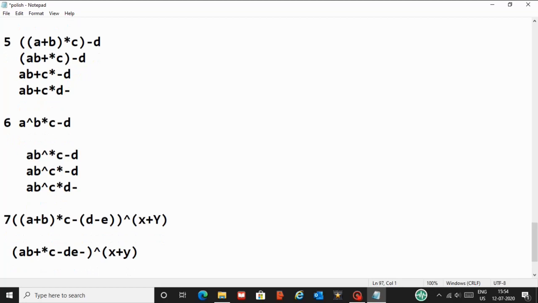After that, what will I do? Still I haven't completed the bracket, so I will not open it. AB plus. Now star and subtraction. Star has got a higher precedence. So I will say C star, then minus DE minus.